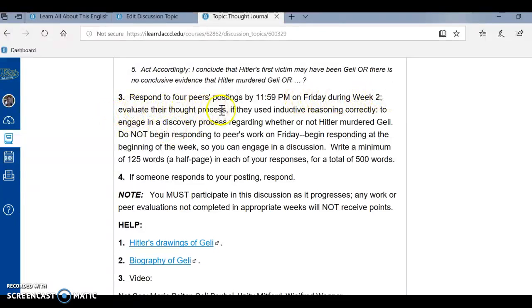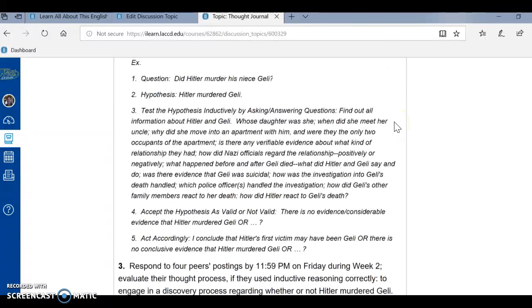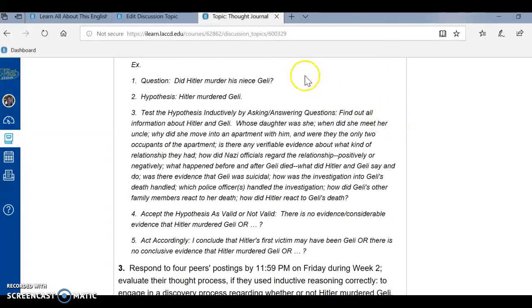So you're going to evaluate their thought process, whether they used inductive reasoning correctly to engage in a discovery process regarding whether or not Hitler murdered Gelly. They don't want to come to any preconceptions. Again, we're not trying to prove Hitler murdered Gelly. We're trying to determine if we can make a judgment about whether or not Hitler murdered Gelly.